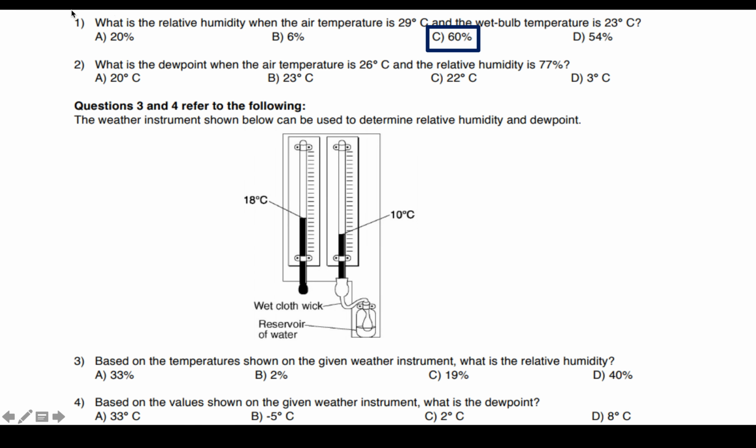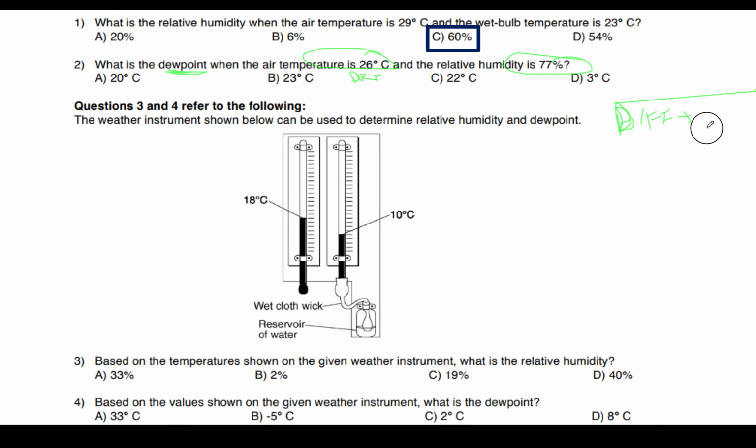Number 2, what is the dew point? So we're looking at the dew point chart here. What is the dew point if the air temperature is 26, so that's the dry bulb, and the humidity is 77? Now remember, we always need to find the difference. Again, I apologize for the mouse.